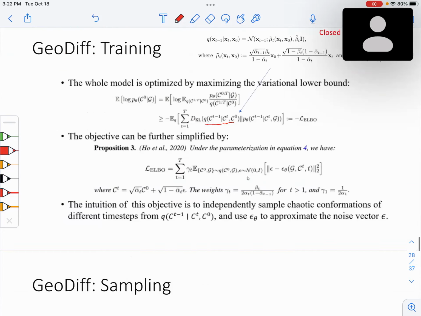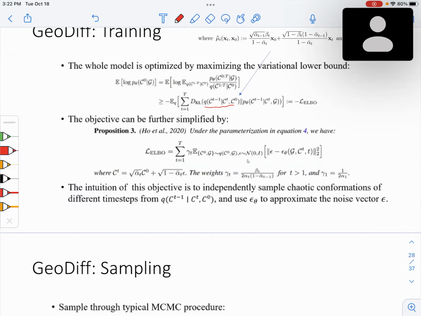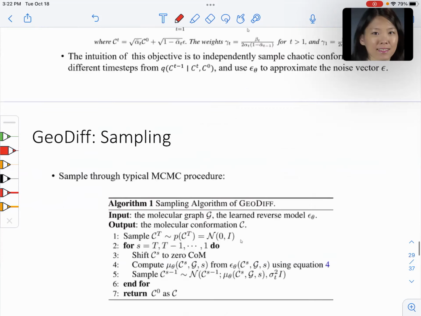This was also shown in the denoising diffusion probabilistic model introduced last Thursday, so that it can further simplify our objective function for training. So we can understand that the intuition behind the objective is to independently sample chaotic conformations at different time steps and use this epsilon theta to approximate the noise vector.